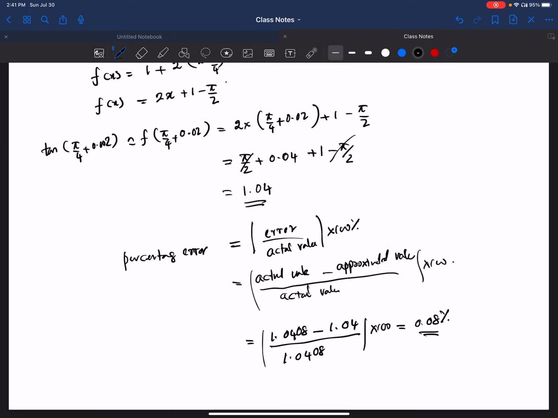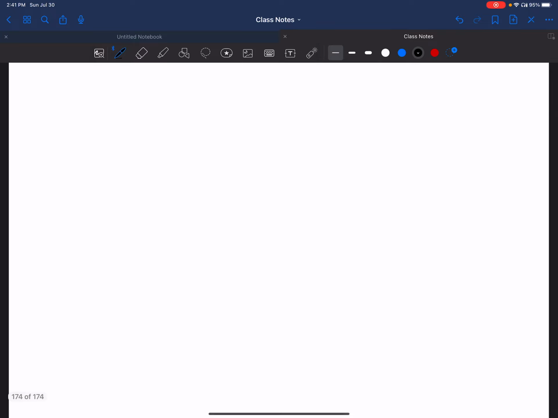Let's take this problem, problem 9. f of x equals square root of 1 plus x.